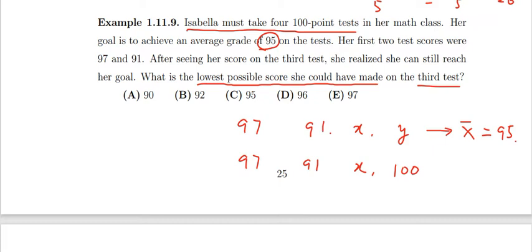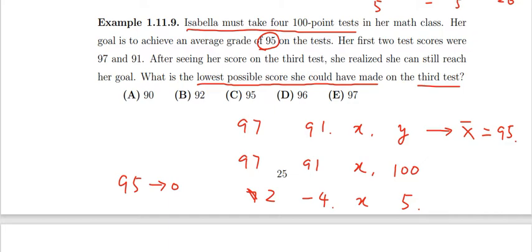We set 95 as 0. So 97 becomes 2. And 95 is 0. So 91 is negative 4. With x, we still keep this x. And this 100 is positive 5, right?